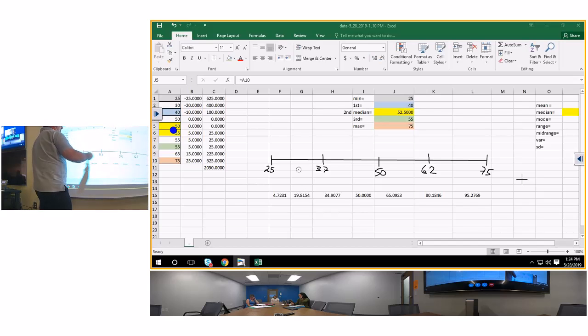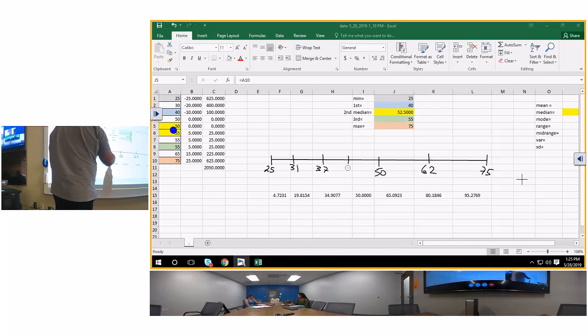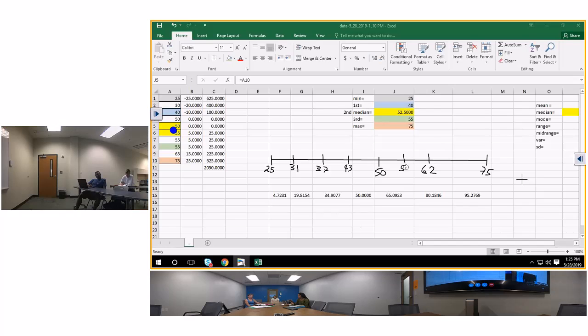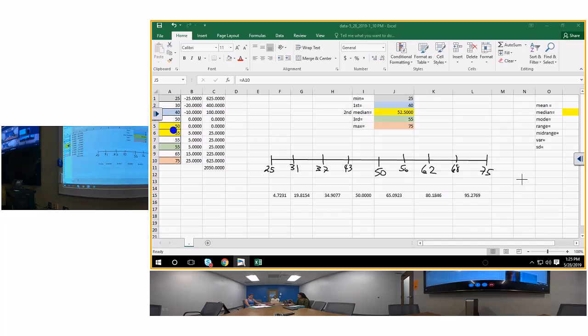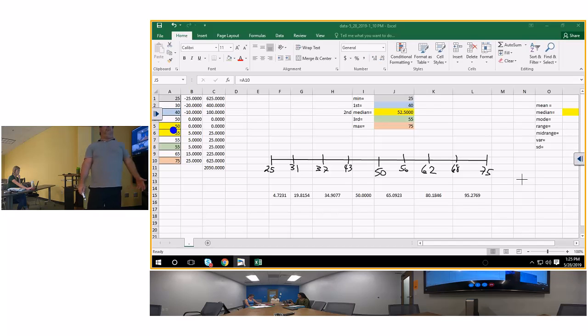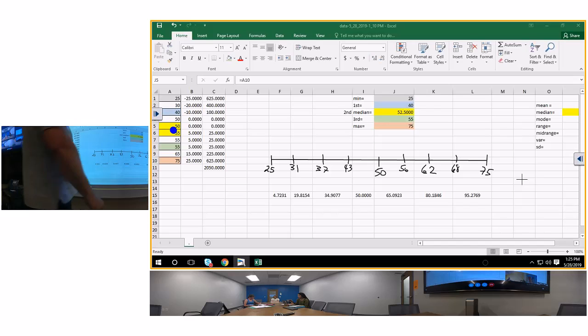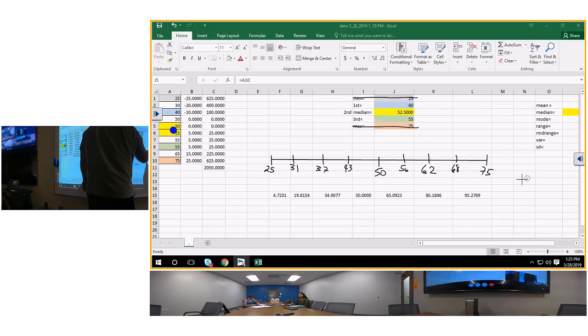Half of 12 is 6, so that's 31. 6 here is 43, 6 here is 56, and 6 here would be 68. Now I left off the 0.5. Is that really needed here? No, because you're just locating a box. All right, so we use the min, we use the max, and we use the mid-range.